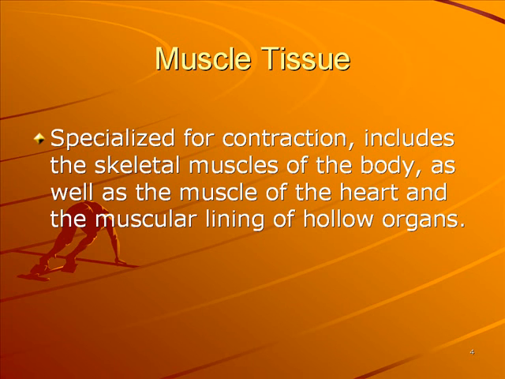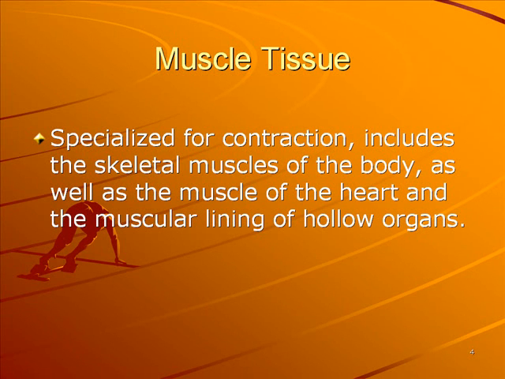Now, skeletal muscle is different from cardiac muscle, which is different from smooth muscle. Cardiac muscle, we see where? In the heart. That's a gimme. Skeletal muscles are attached to bone, our bony framework that helps us to move, to locomote. And then there is smooth muscle in the linings of particular organs.